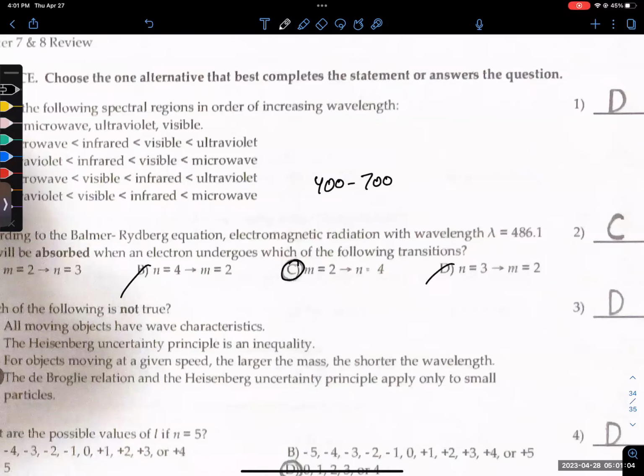The M is just like your initial point, and N is your final point.